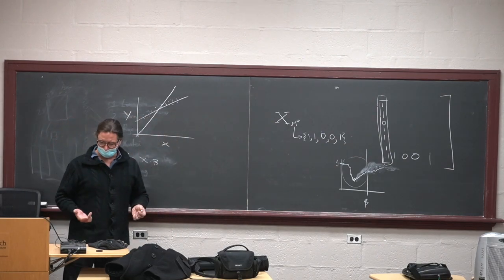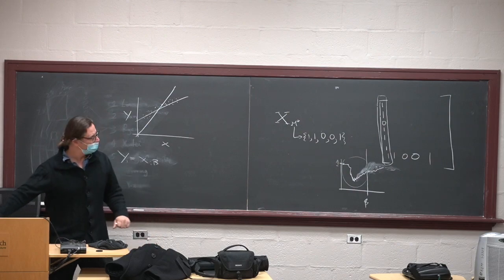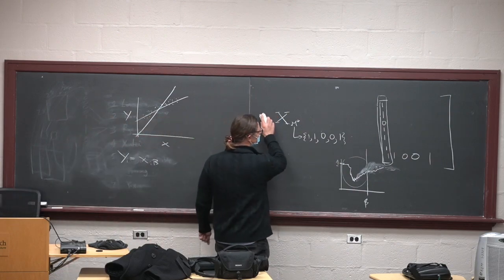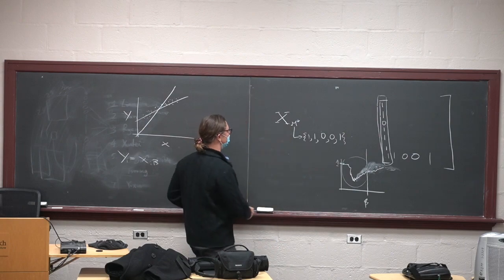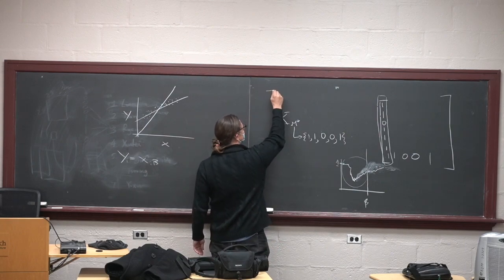Okay, how do you get your betas? At the end of each step, you're going to have these x's. This is going to be a matrix that looks like this.